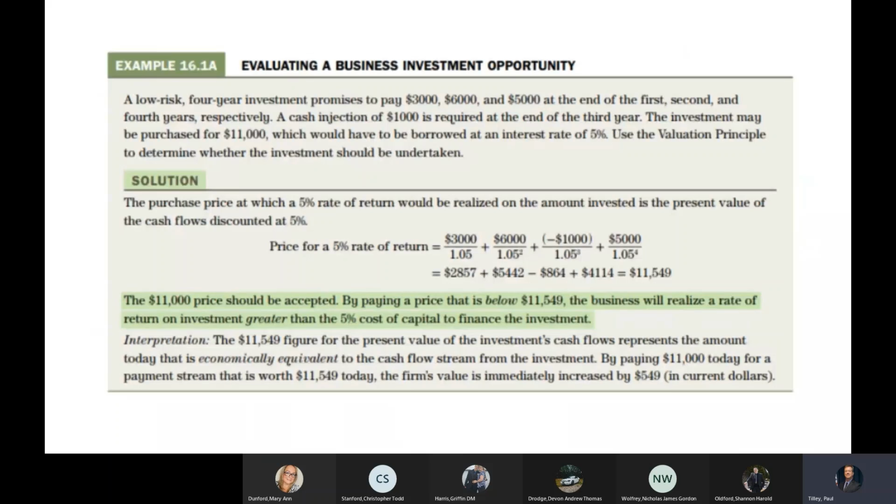Or it could be a situation where every year we get a different amount of money, say $3,000 next year, $6,000 the year after, and so on. Depending on whether it's a constant stream or a series of differing amounts, we have to figure out the net present value accordingly.